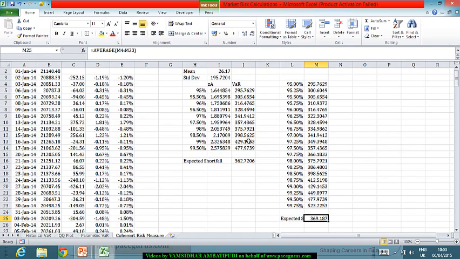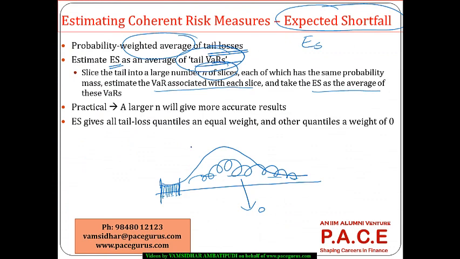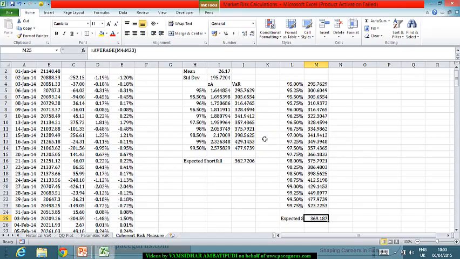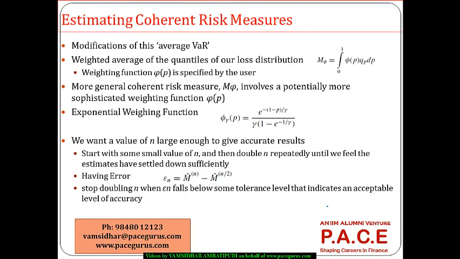So this is a way I can use the expected shortfall computation. This is one form of coherent risk measure. It gives me a dollar term, the amount that is the expected loss. Similarly, I can use a very general form of other coherent risk measures.